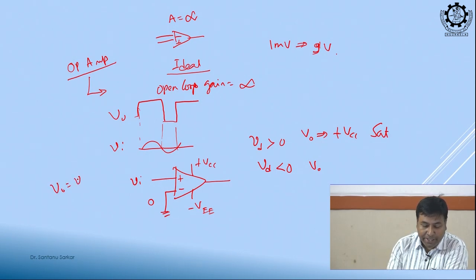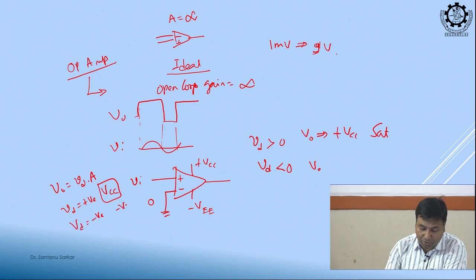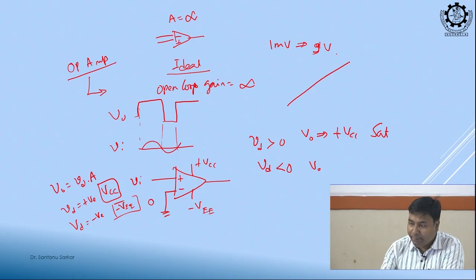V0 is equal to Vd into A. If Vd is positive, it will go to plus VCC. If Vd is negative, it will go to the negative maximum possible voltage. It will not go to infinity, it will try to go to infinity, but it will clamp at plus VCC and minus VCC. Clear?